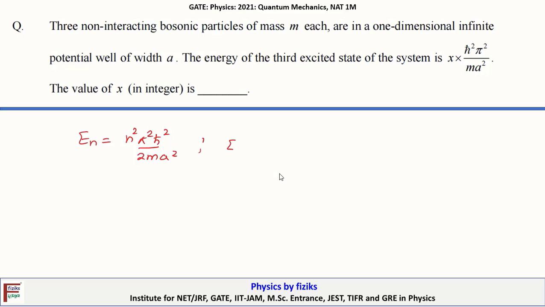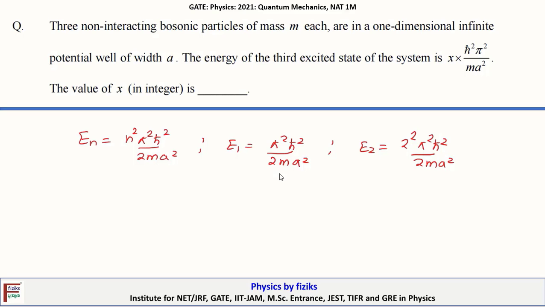So ground state energy would be pi square h square by 2ma square, and first excited state energy would be 2 square pi square h square by 2ma square.